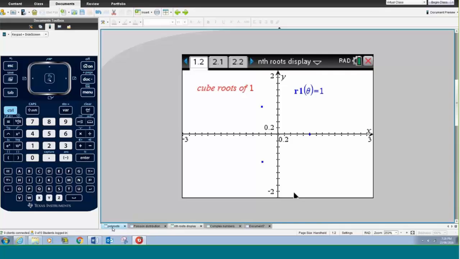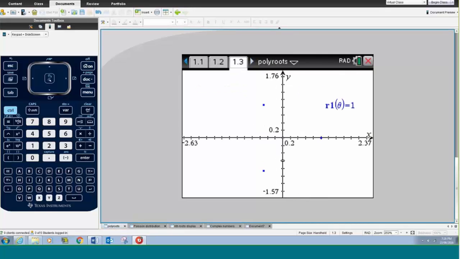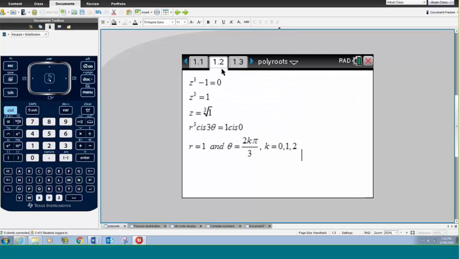If I go to this document, we look again at z cubed minus 1 equals 0, which is equivalent to z cubed equals 1. Now what if we want to find the numbers z such that they are cube roots of 1? We use, of course, De Moivre's theorem, and we arrive at r equals 1 and theta equals 2k pi on 3, where k is 0, 1, 2.